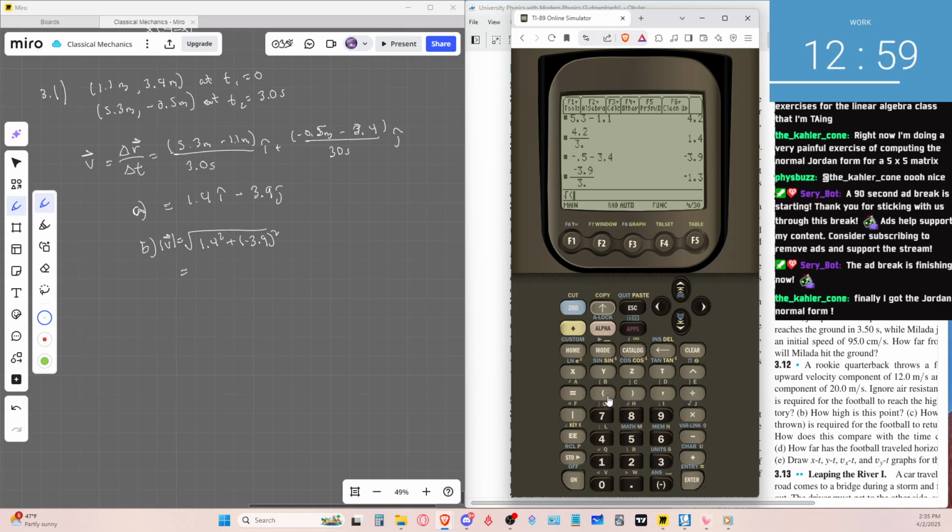Square root of 1, 4, carry the plus. So we have a magnitude of 4 point.